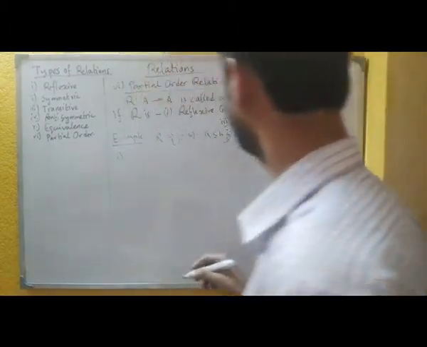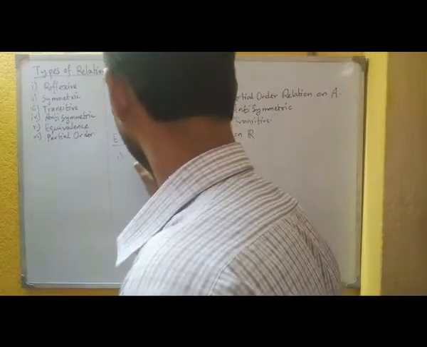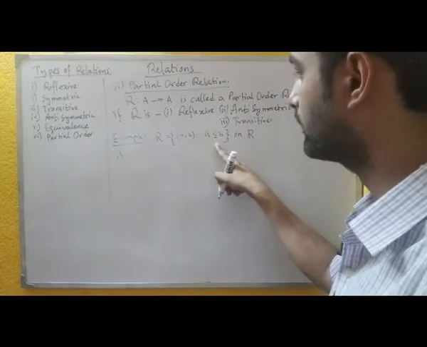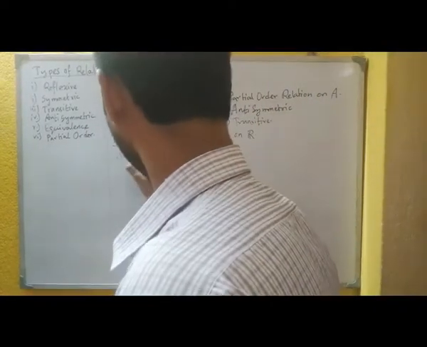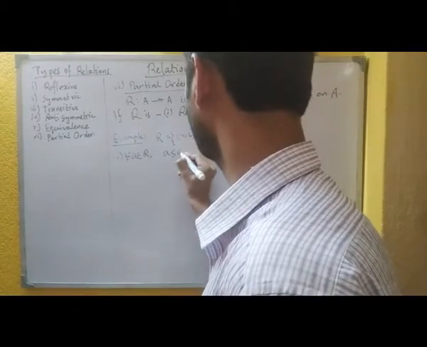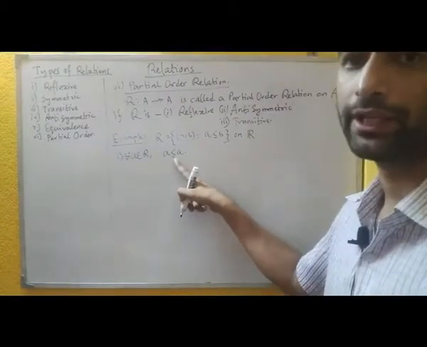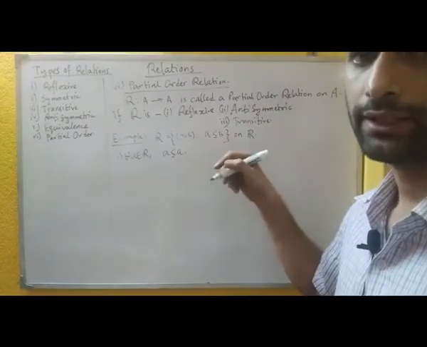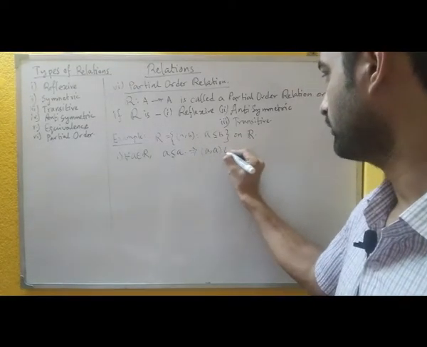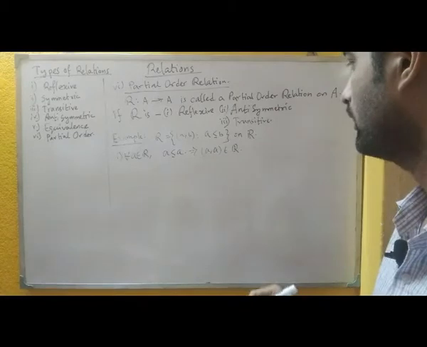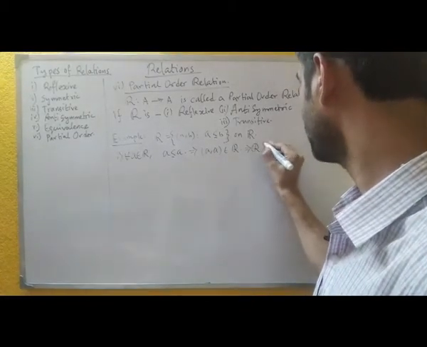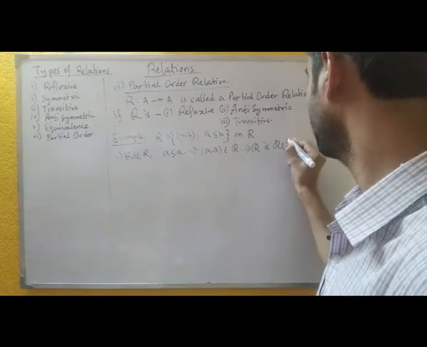First of all we check the reflexivity. For (A, A) we have to check whether A is less than or equal to A, and we can say for all A belongs to R, A is less than or equal to A because the equality is holding here. So (A, A) belongs to R, and that implies that R is reflexive.